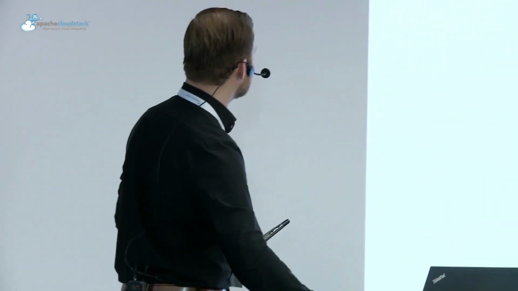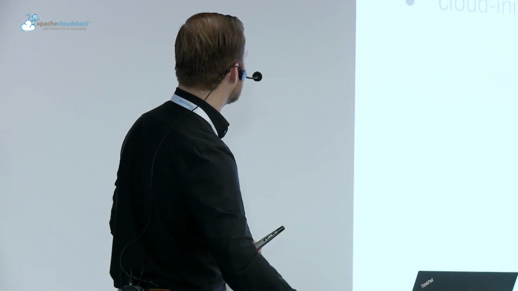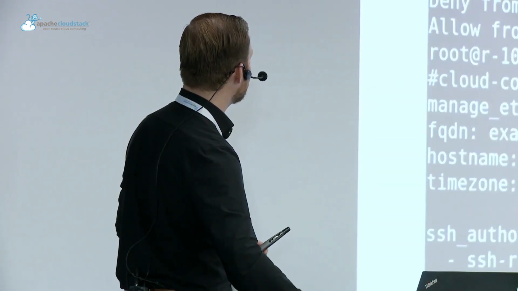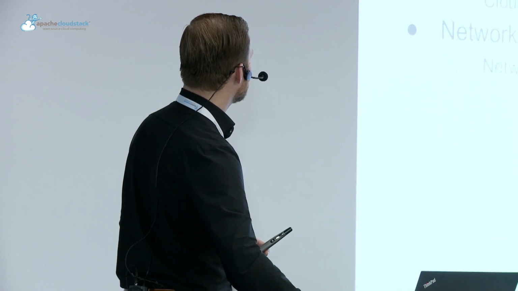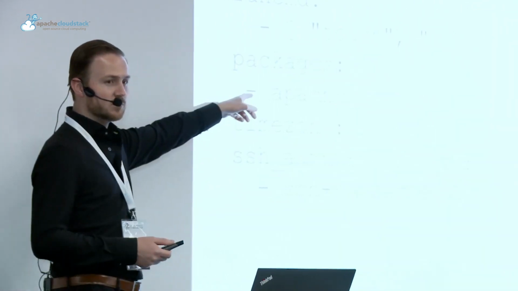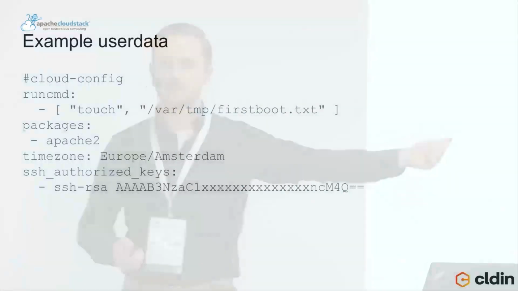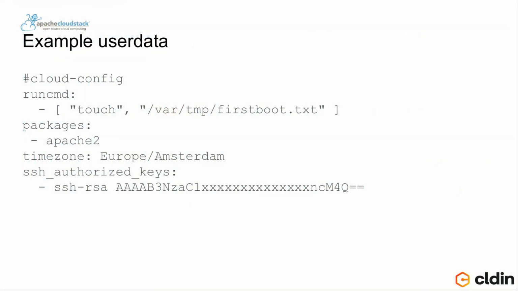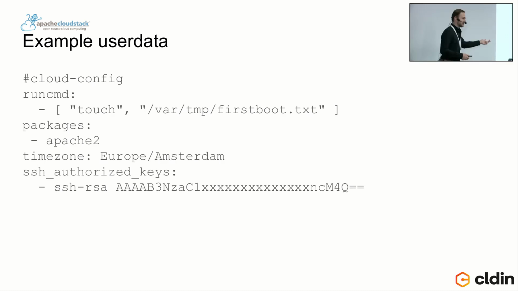Well, yes and no. So if I go back to this slide, which I have here for some example data. Now, if I want to install the package called Apache 2, that's only going to be working on a Debian base, so Debian and Ubuntu based distribution. Under Alma Linux, it's called HTTPD. So you need to have a different package. But the user data is generic, or is similar to all cloud environments.